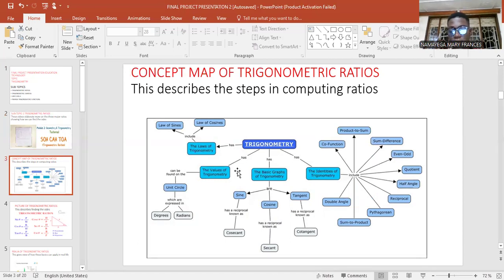So as a reason as to why we have this concept map, when finding these angles, we follow, let's say we have double angle, so we can also use the Pythagorean theorem. So these are the different procedures that can be used to find the angles of the trigonometric ratios.